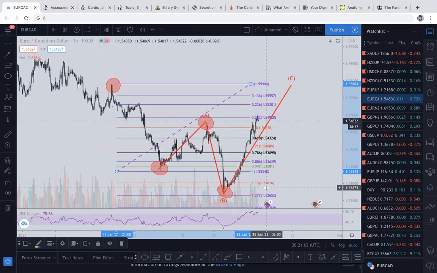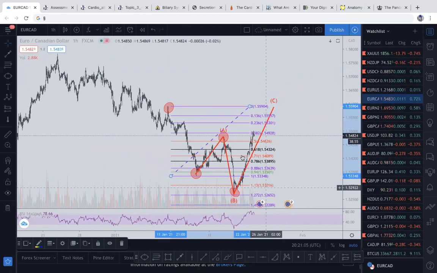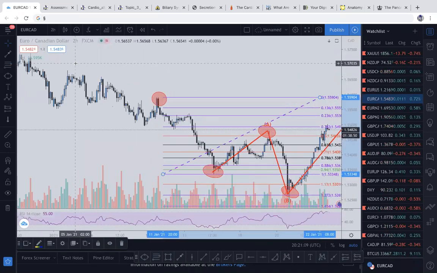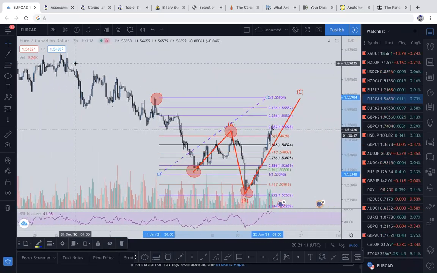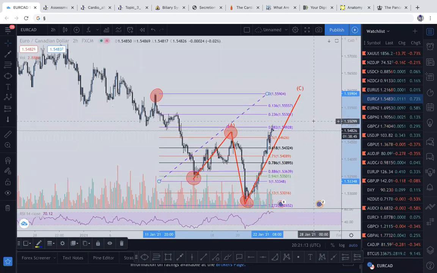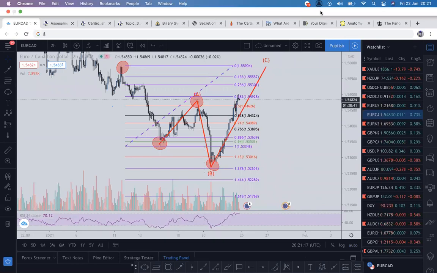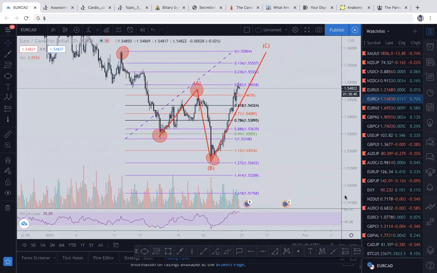Is it within the zones that we were looking for? Let me increase this a little bit. Is it within the zones that we're looking for, guys?